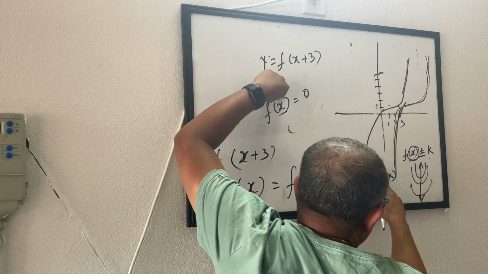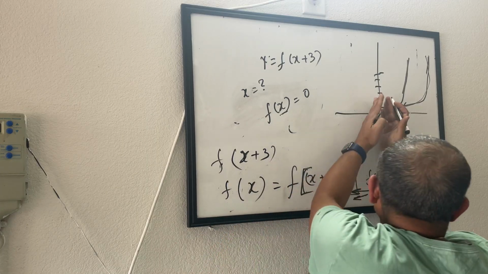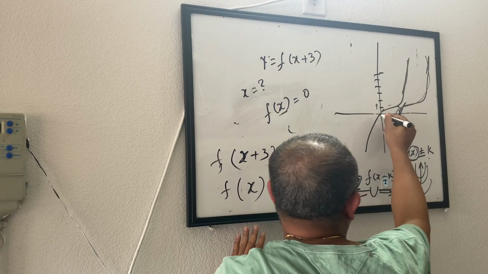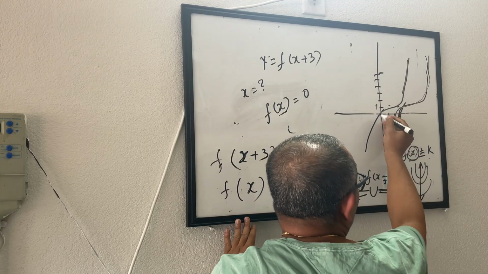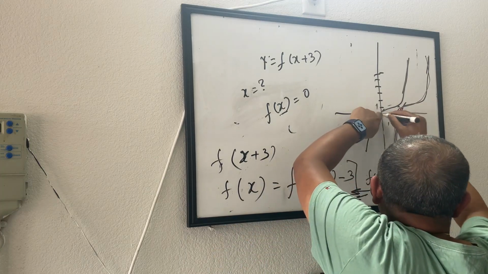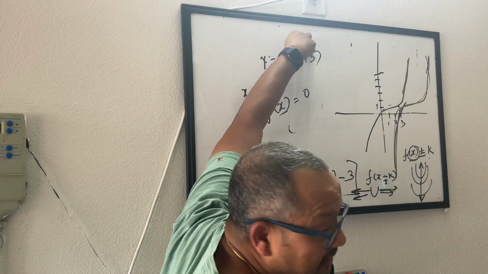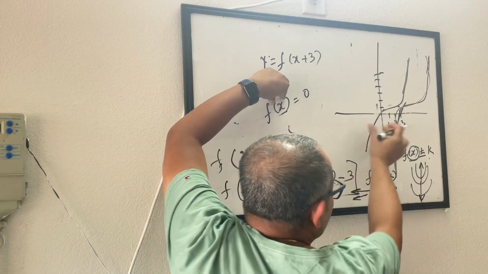When I'm subtracting by minus 3, I'm talking about a movement on the right hand side. Everything here moves by 3 points. Earlier, the original graph was intersecting the x and y axis at the origin. This is where it was meeting. Now this whole thing will move by 3 points to the right because we are subtracting 3 from the original function inside the bracket. It will move by 3 points.